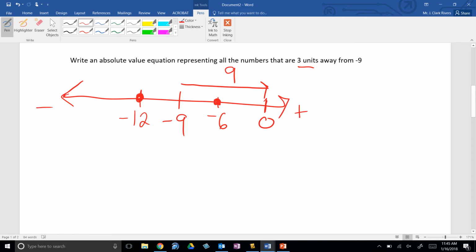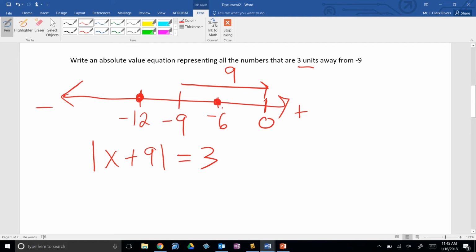We have to go in the positive direction to get to 0. So it's going to be this. The absolute value of x, we had to move 9 to the right, so plus 9, right? 9 in the positive direction. And our distance is what? 3 units away. So there's the absolute value equation representing all the numbers that are 3 units away from -9.